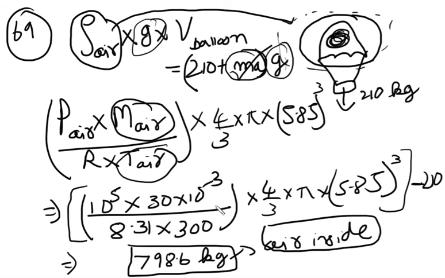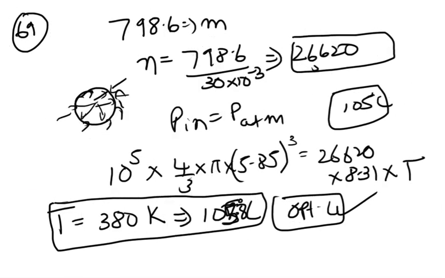Since even hot air is an ideal gas, we put PV equal to nRT to find the temperature inside the balloon. Continuing question number 69, we have 798.6 kgs as the mass, and the number of moles would be 26,620.